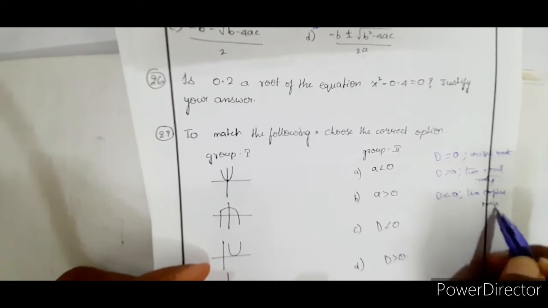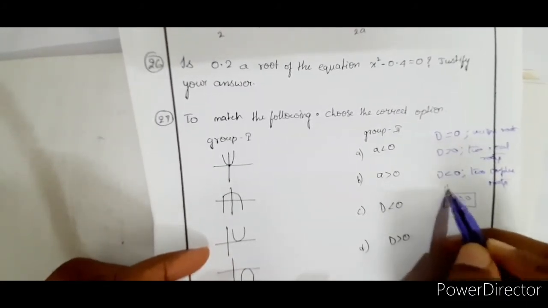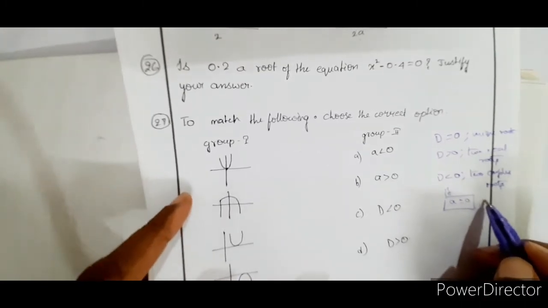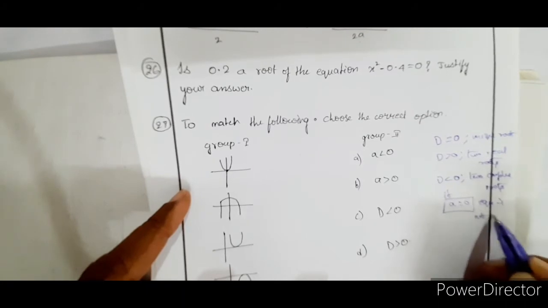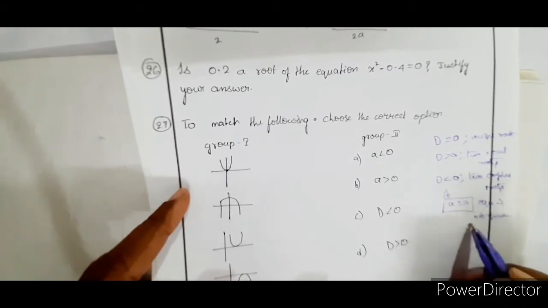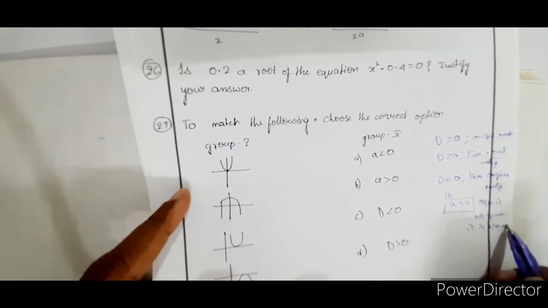And if suppose A is 0, the equation is not quadratic. It is a linear equation. That means you won't be getting a curve here.